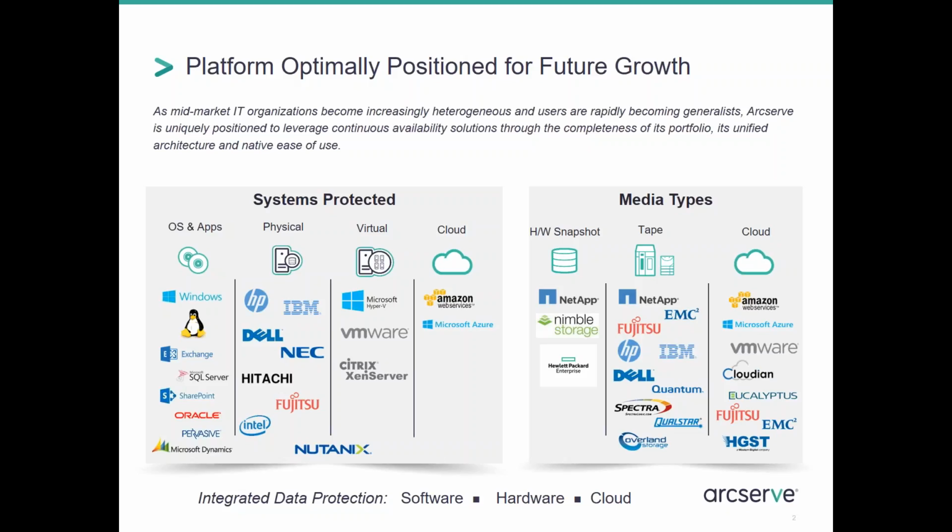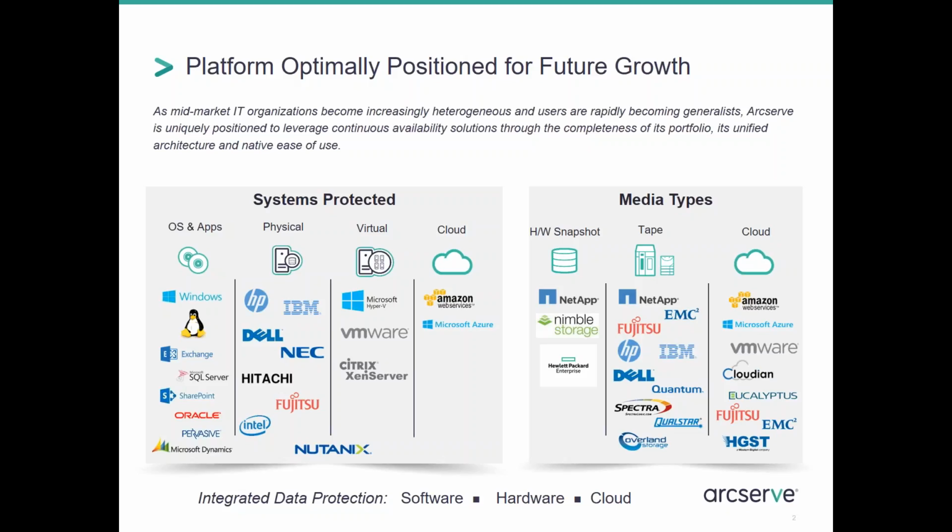We're also very much optimized in looking at protecting workloads in the cloud across Amazon, Microsoft, etc. And we've also been expanding the back end. UDP is predominantly a disk-based backup and recovery solution, but we've provided more scalability so that we can, for example, leverage hardware snapshot technology built into your SAN.